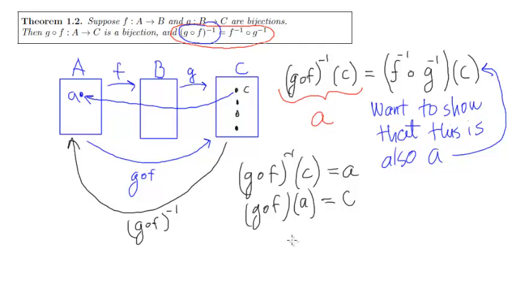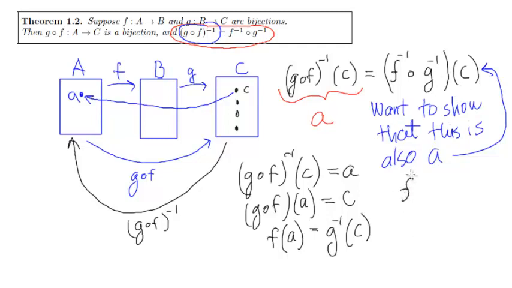But this means that F of A is equal to G inverse of c. All right, let's stop right here, because at this point we may not be sure we know where we're going with this. Let's work with this separately and see where that takes us.